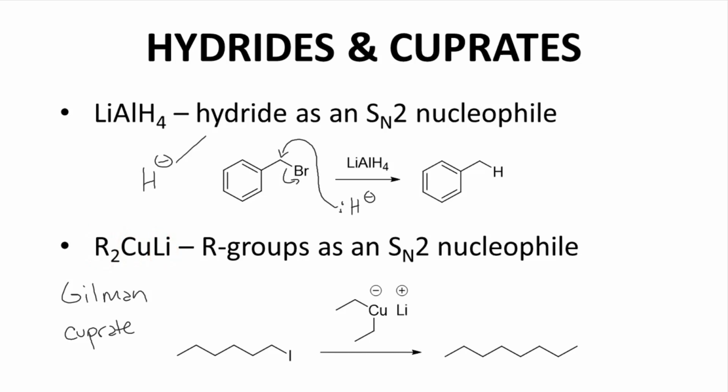Cuprates can do an SN2 reaction with substitution of the halide with the R group. In this reaction, the R group is an ethyl group and the chain is extended by 2 carbons. Both of these reactions work, but they are certainly less common applications of SN2 chemistry.